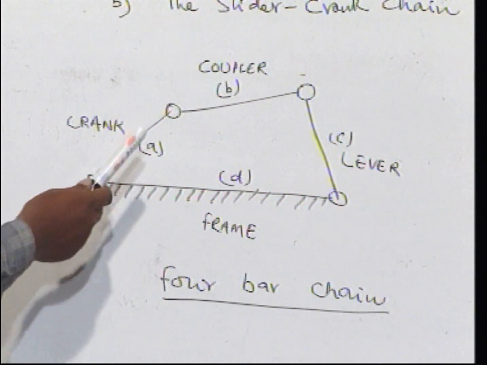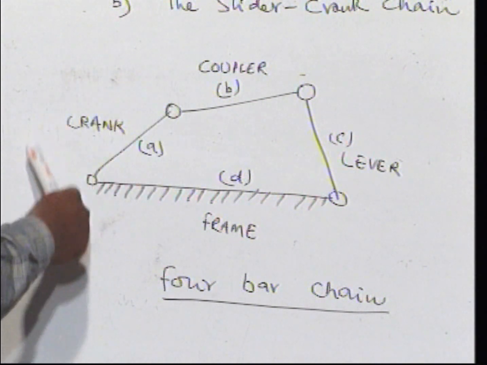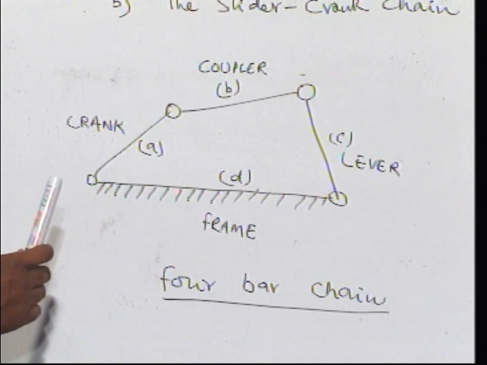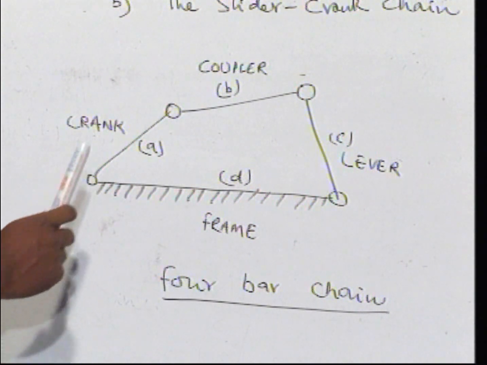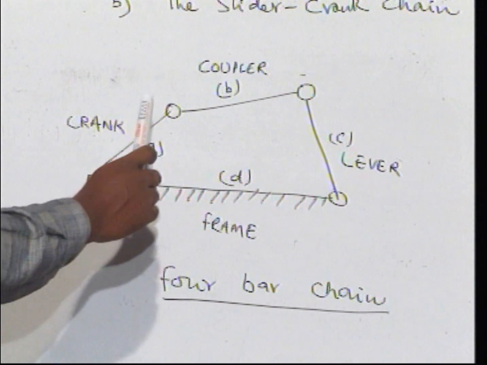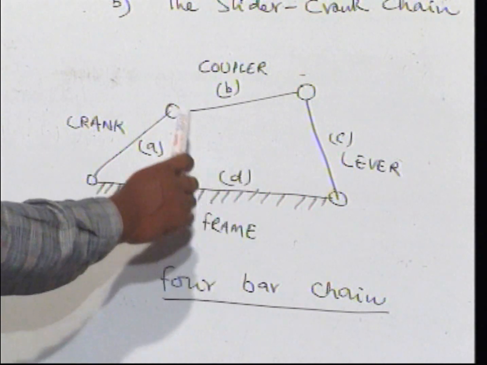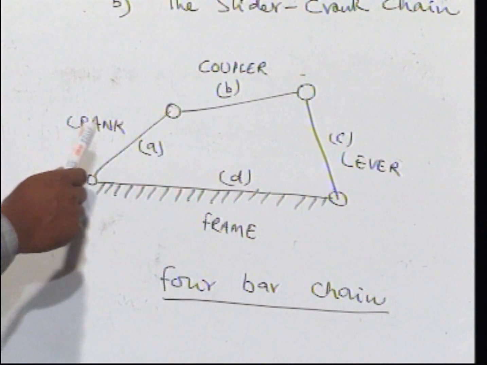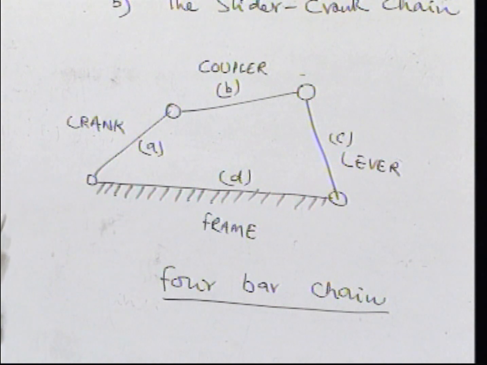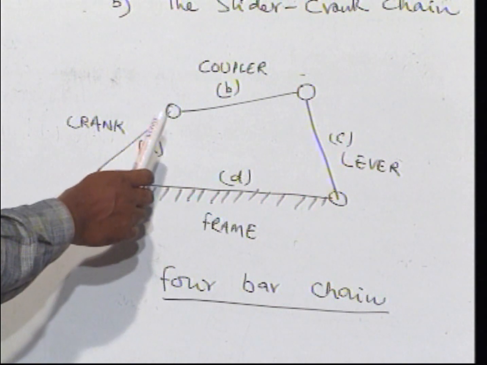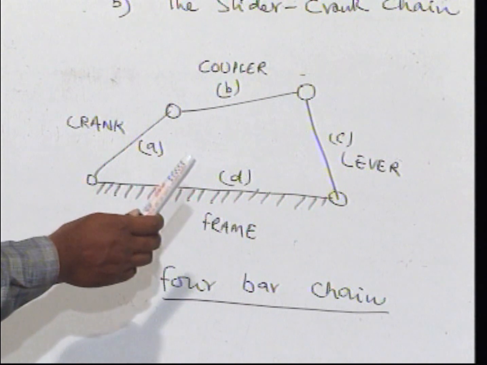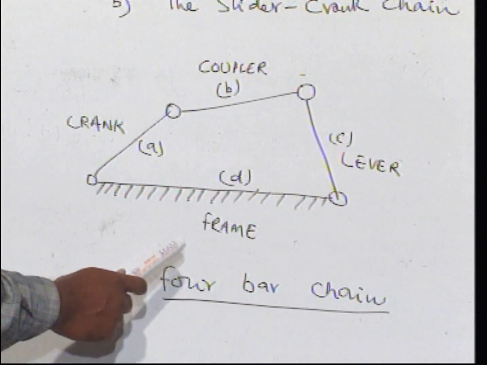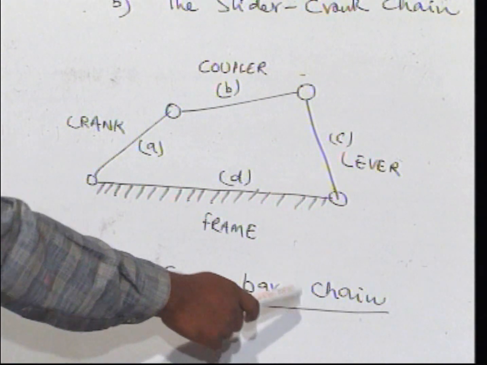And we may have 2 cranks also, that is to say that 2 links of these 4 may rotate about a pivotal point, and all these we can observe when we study the inversion of a 4 bar chain.